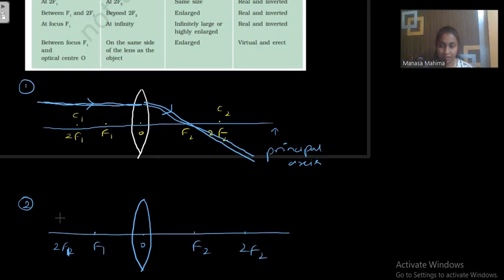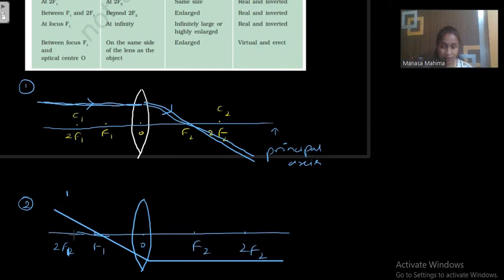And if I consider the ray that is passing through the focus and is made to fall on the lens, after refraction, how will it be? The direction of that ray will be parallel to the principal axis.